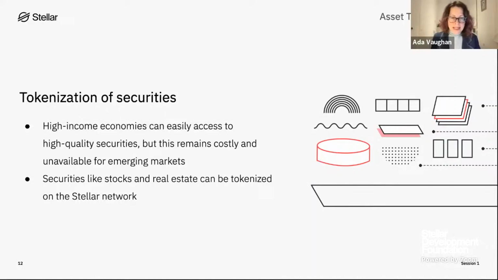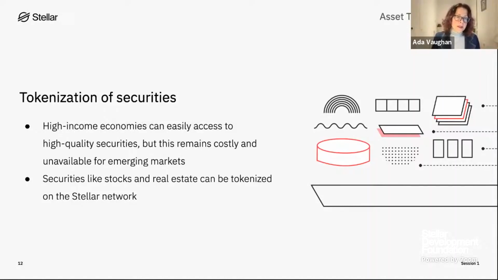And the reason for that is that we live in a high income economy where we have very easy access to high quality securities. I can go on E-Trade. Almost any of us can open an account at a Fidelity or an E-Trade or Charles Schwab. Any of these brokerage houses will welcome our business and allow us to buy securities and enter into other kinds of investment opportunities.